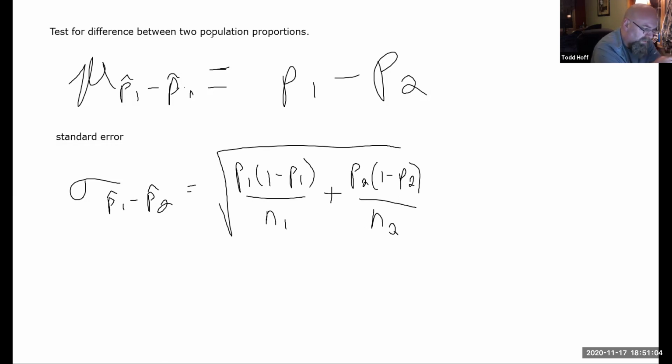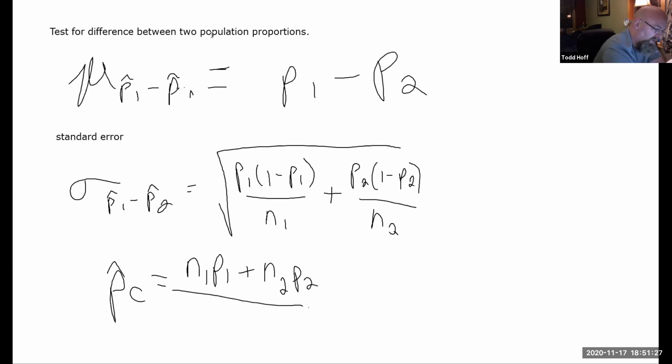There are some strategies to ease up some of our tests, and in certain cases we can pool or find a common population proportion. That's p hat common. The way the textbook writes it out is to use n1 p1 plus n2 p2 over n1 plus n2.